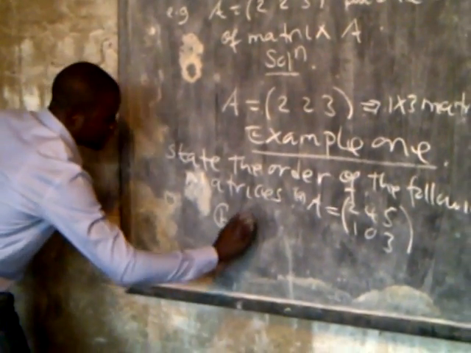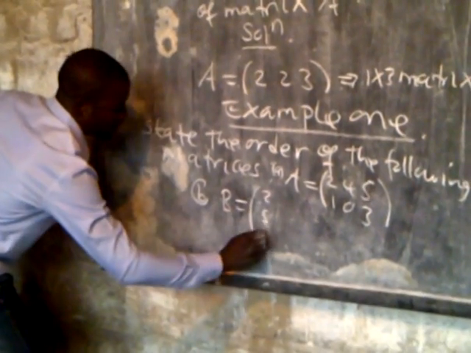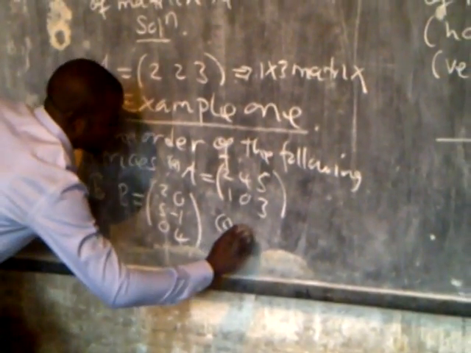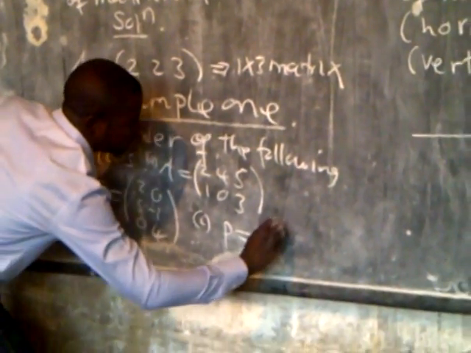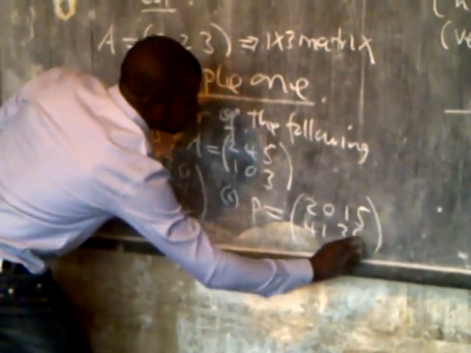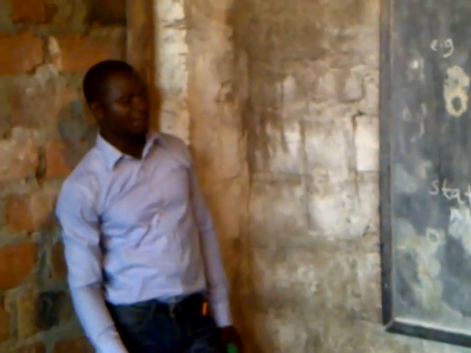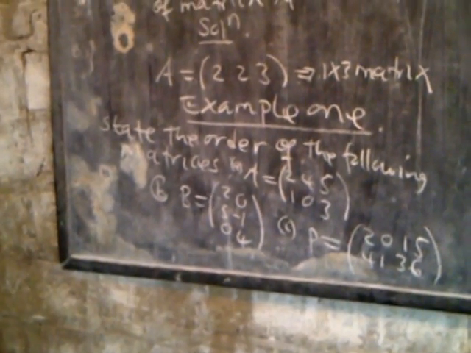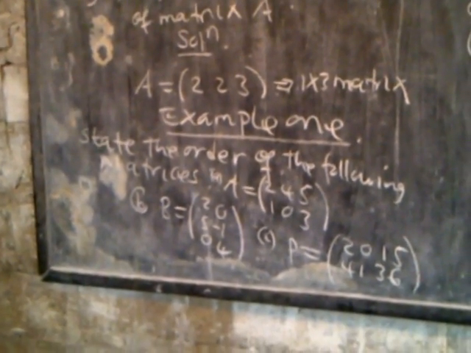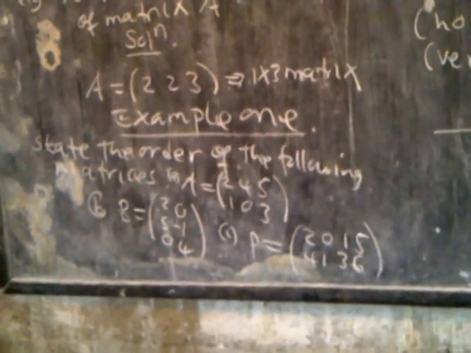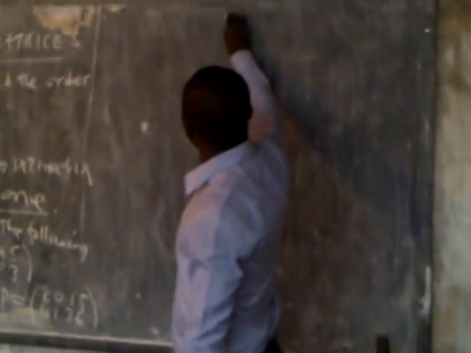Number B, matrix B, 2, 5, 0, 0, negative 1, 4. Number C, we've got matrix P, which is 2, 0, 1, 5, 4, 1, 3, 6. So they want us to state the order of those matrices. So we can put up the solution now.